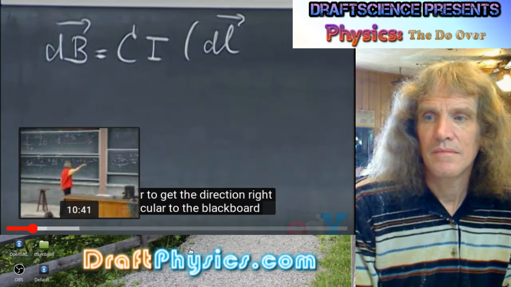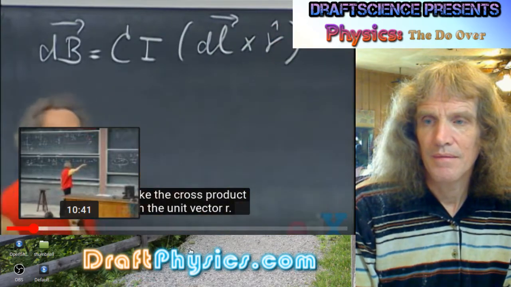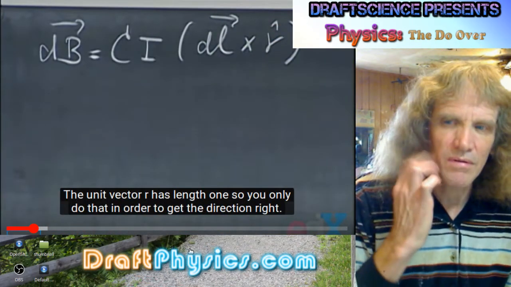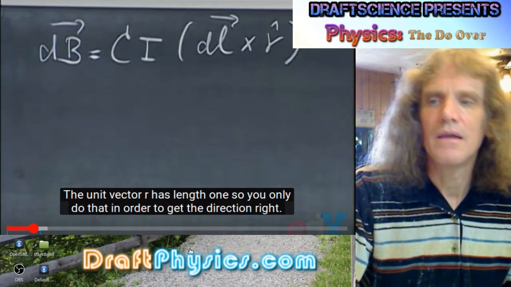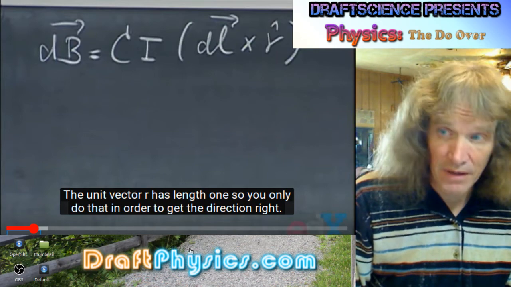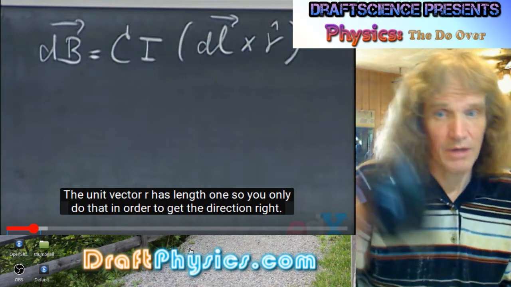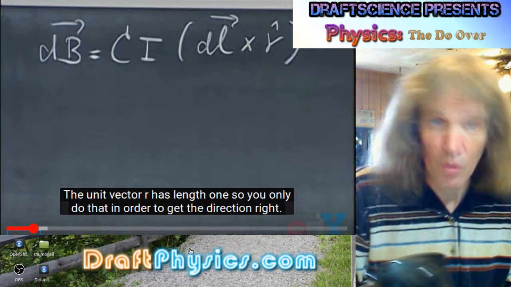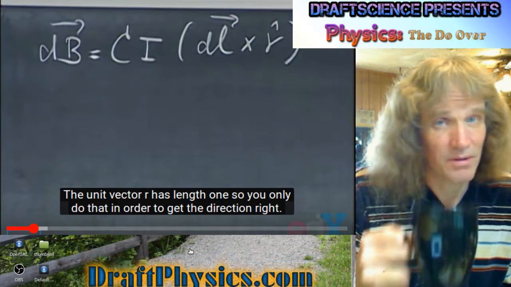And in order to get the direction right, perpendicular to the blackboard, you take the cross product with the unit vector r hat. So that's just the right-hand rule. The little hat r just points out it goes a certain way by convention, by the rules of swirling water or moving charges. They have a rule as to which way they swirl, but they're not really swirling.